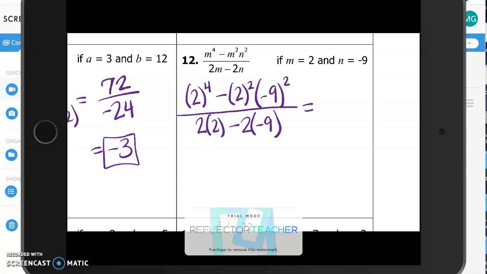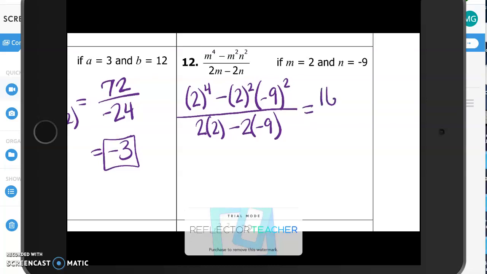So first of all, 2 to the 4th is 16 minus 2 squared is 4, negative 9 squared is 81. So 4 times 81 gives me 324. On the bottom, we would have 2 times 2 is 4, minus 2 times negative 9 is negative 18. So really 4 plus 18.